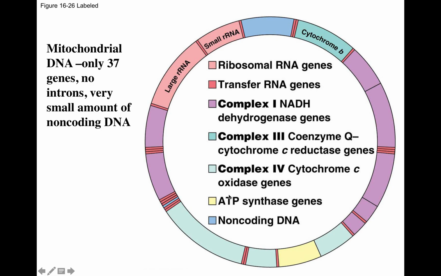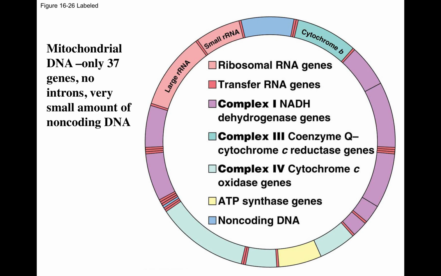Okay, mitochondria have chromosomes too. They are circular, just like prokaryotes. And just like prokaryotes, almost all of the chromosome codes for something. So there's a smaller number of genes, 37 genes versus, say, 23,000 in the nuclear genome of humans.